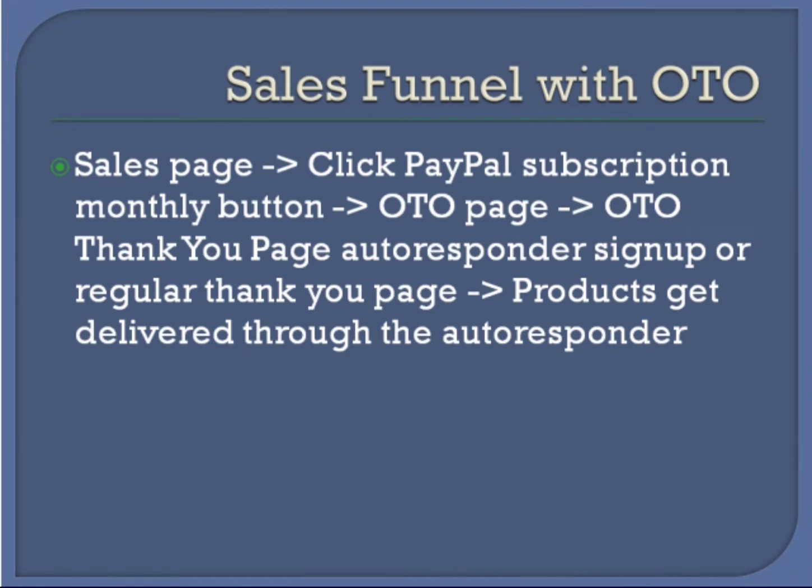Or if they say no, then they're going to be sent to the regular thank you page. Then after that, the products get delivered through the autoresponder. So if you add a one-time offer, it does make it a little more complicated, but it's really not that bad. But in this specific video series, I'm going to talk about a basic sales funnel with no one-time offer. So this is important to know just so that you can put all the pieces together and know exactly what you need to do.